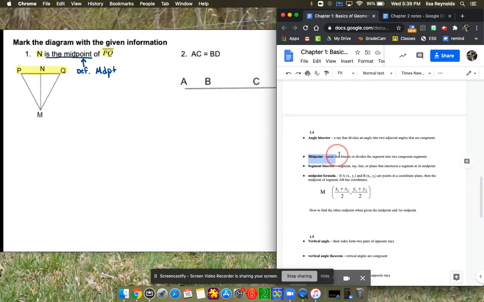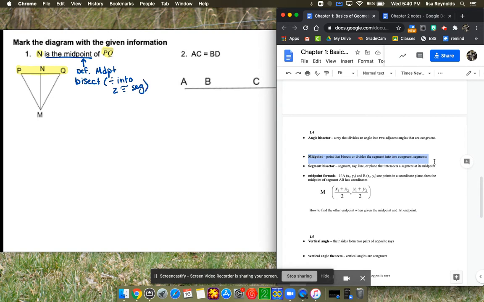So a midpoint is a segment that bisects a segment into two congruent pieces. So our midpoint will bisect, which means that we divide into two congruent segments.